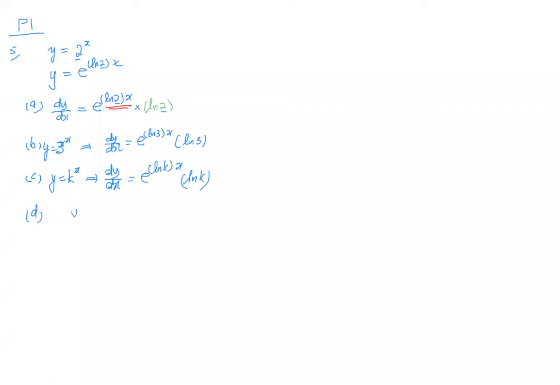So you just say y equals k to the power x, so y equals e to the power of ln k times x. Then dy/dx will be copy down the whole thing, times by the derivative of the power, that is ln k. That's it, you're done. For this question I only allocate 5 marks because this is a very simple question. Are you okay?